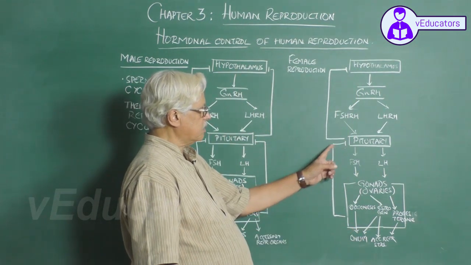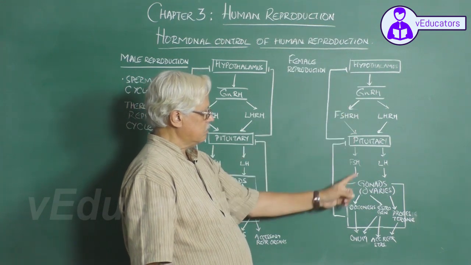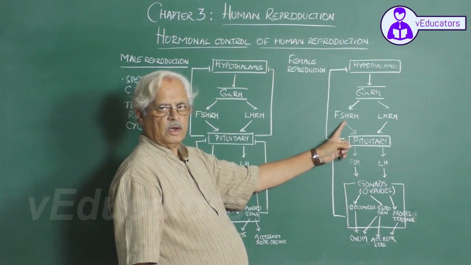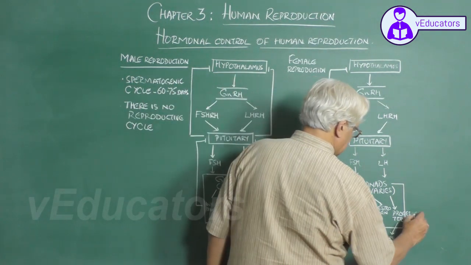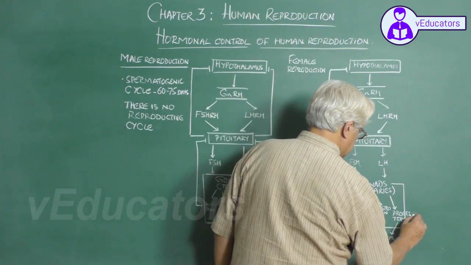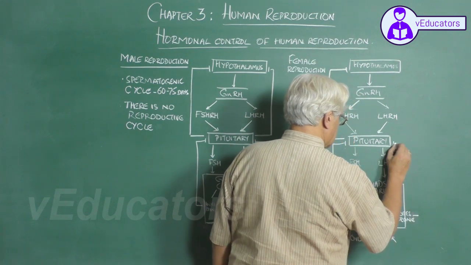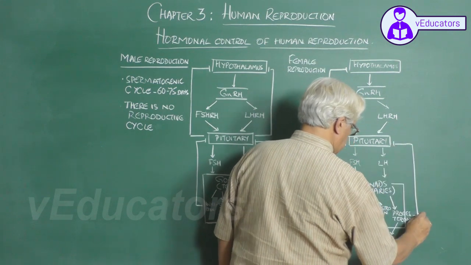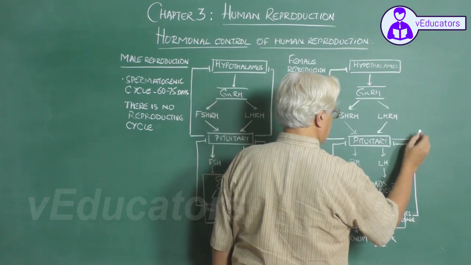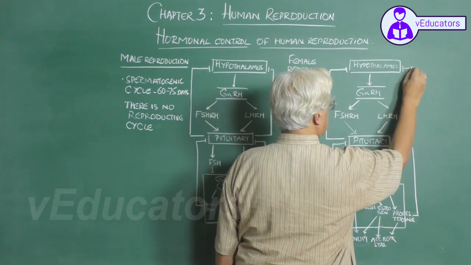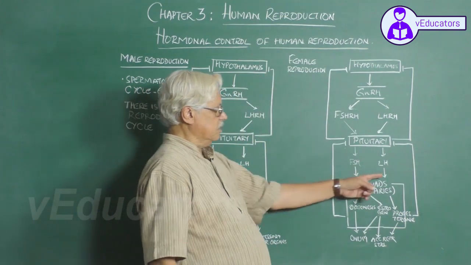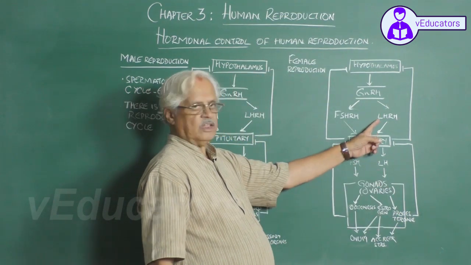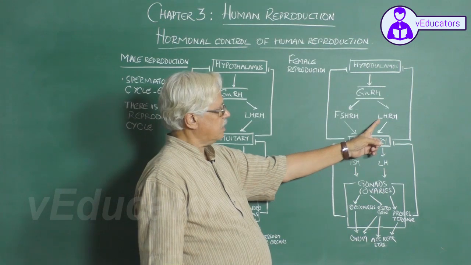This negative feedback is mainly for FSH and FSH-RH. Progesterone has a separate feedback mechanism on the pituitary and from the pituitary to the hypothalamus, and this negative feedback is mainly for LH and LH-RH.